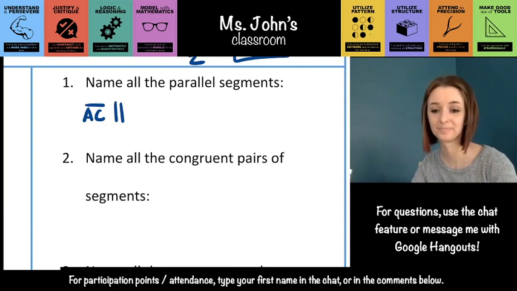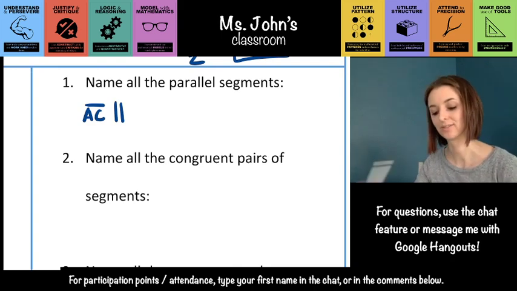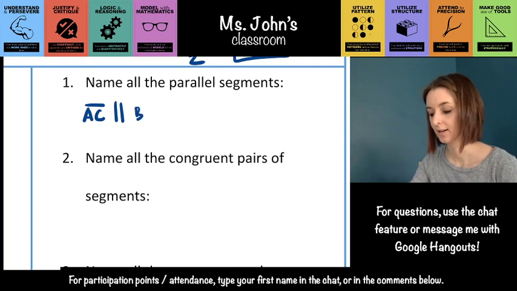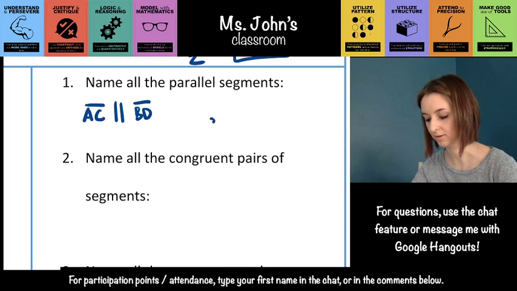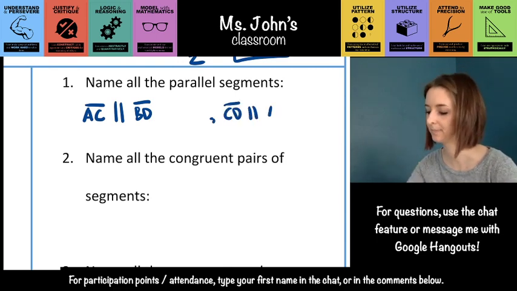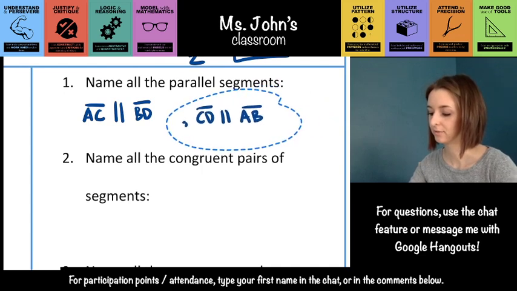It's like an H without the little across thing. AC is parallel to BD, and also CD is parallel to AB. So those are the two pairs of parallel line segments. That's what it's asking for here.